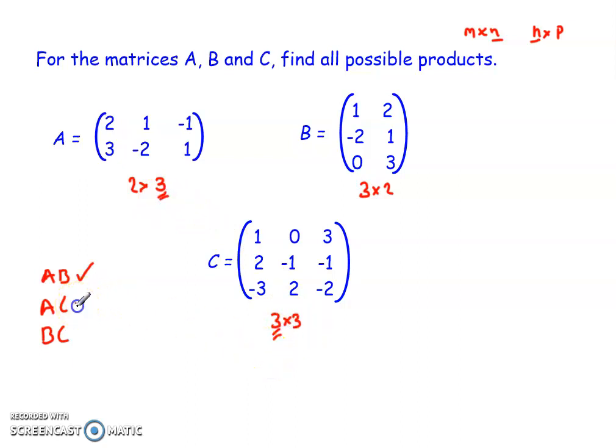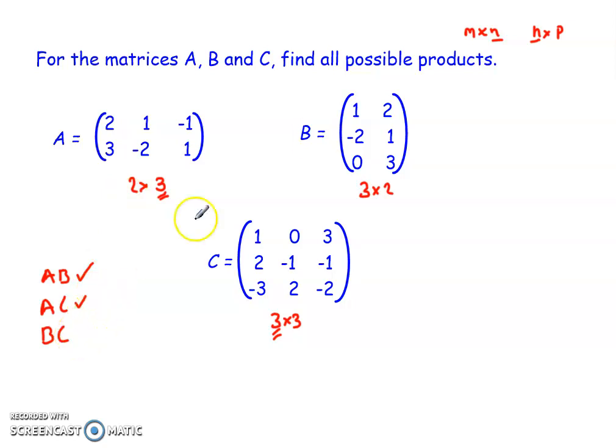They match up, so I could do AC. One point to note, you couldn't do CA. The number of columns in C is 3, the number of rows in A is 2. That doesn't match up. That condition means that I cannot multiply the two matrices together.